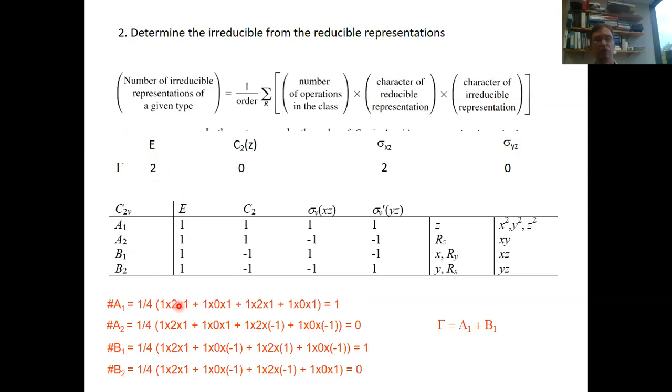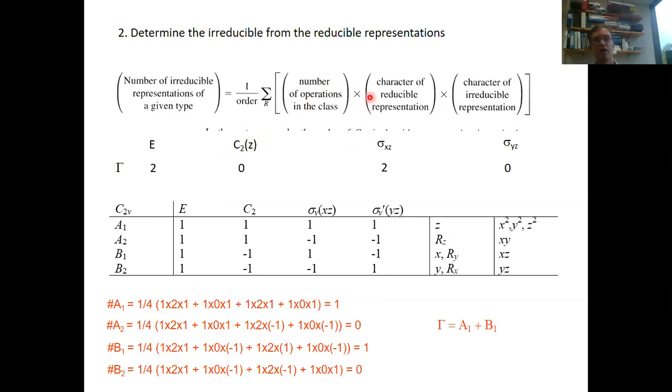So we can look next at the C2 symmetry operation. Okay. Now, what's the number of symmetry operations in the class? Well, we only have 1 C2 symmetry operation. Okay, we rotate around 180 degrees. That's all we can do. If we rotate 2 times, then that's already producing the identity. So therefore, the character is again 1.